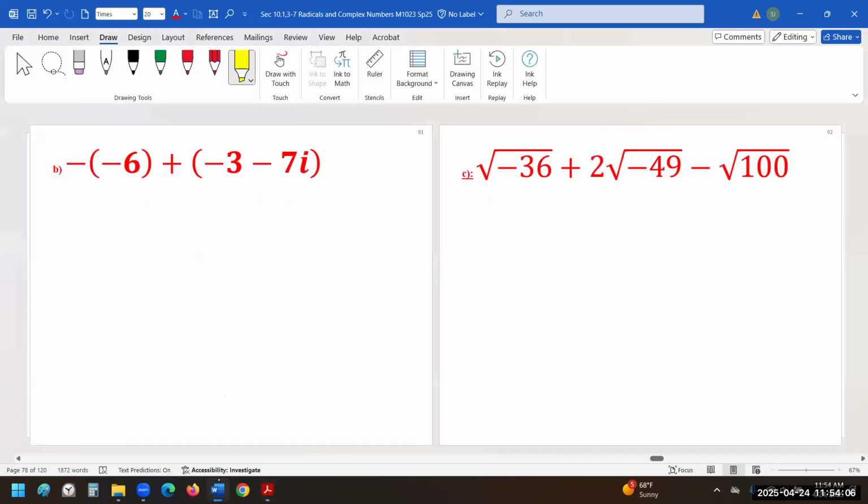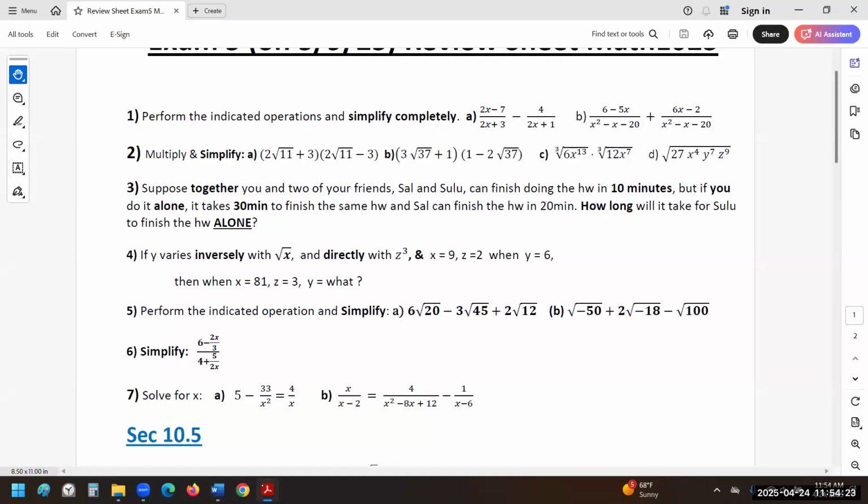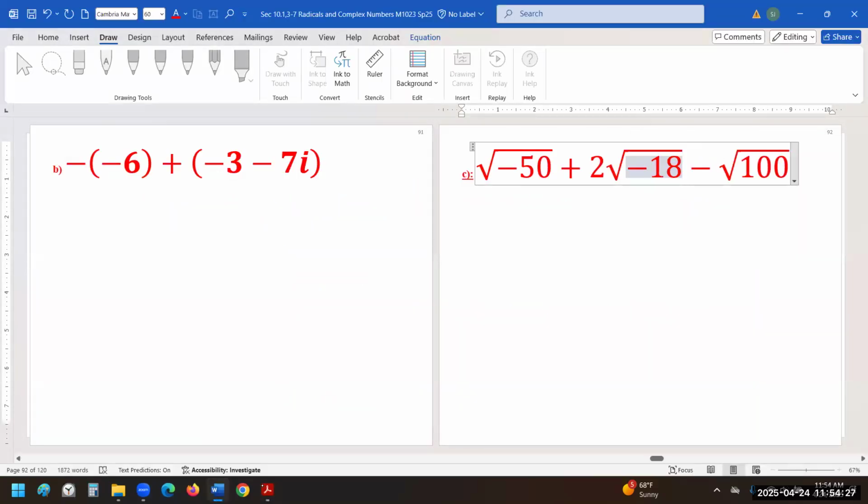Let me check. Negative 50 times negative 18. Yep.